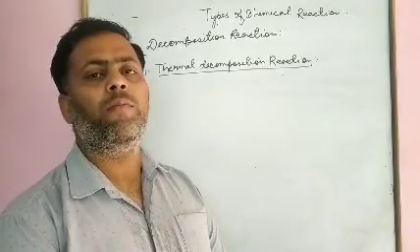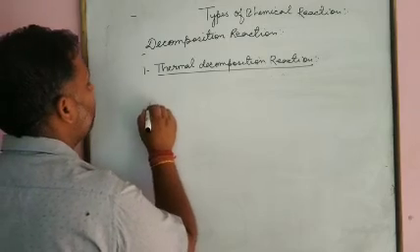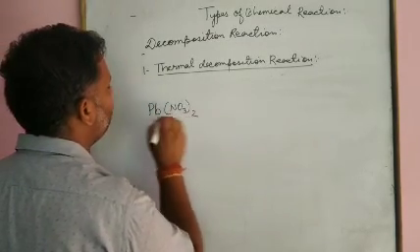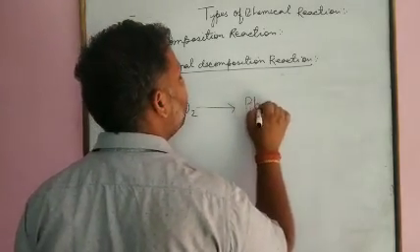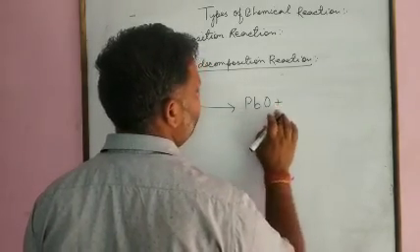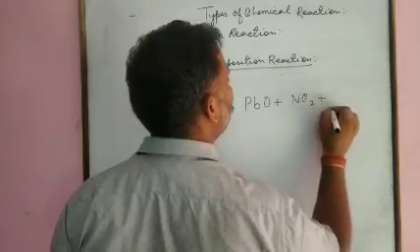We will take one more example of lead nitrate. When Pb(NO3)2 is heated, it forms PbO plus NO2 plus O2.